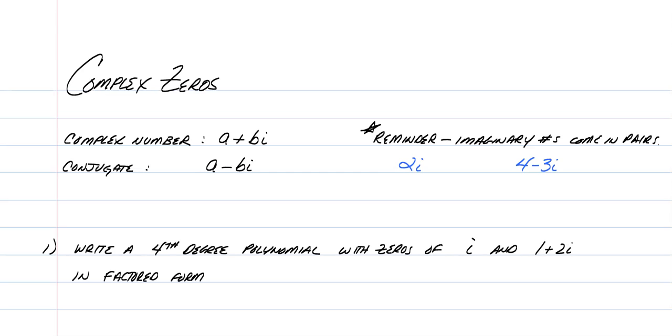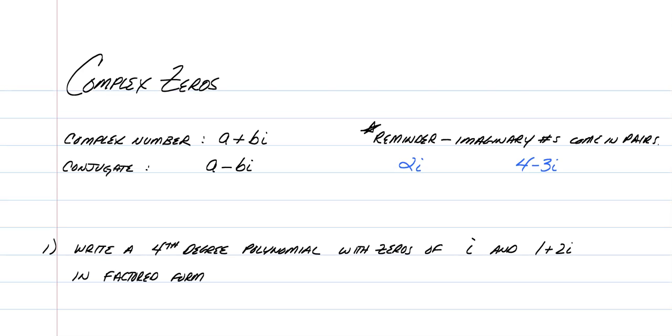If you don't remember what complex numbers are, it means, in a way, imaginary numbers, or the combination of a real and imaginary number. One thing you need to remember about imaginary numbers is that they always come in pairs. You probably remember when you take a square root of a negative, we always put plus or minus.